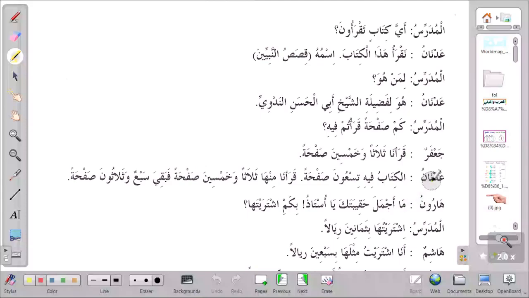So Adnan says: Al-Kitabu fihi tis'una safhatan, qara'na minha thalathan wa khamsina safhatan. The book has 90 pages in it, we have read from it 53 pages, and it is left with 37 pages.